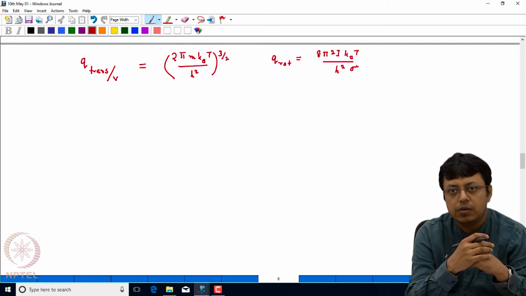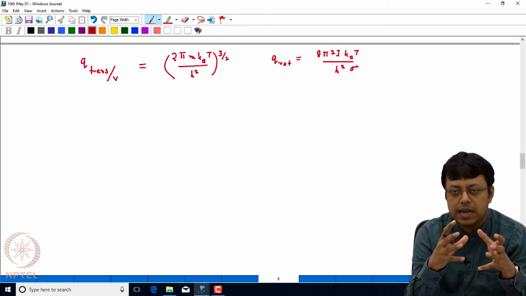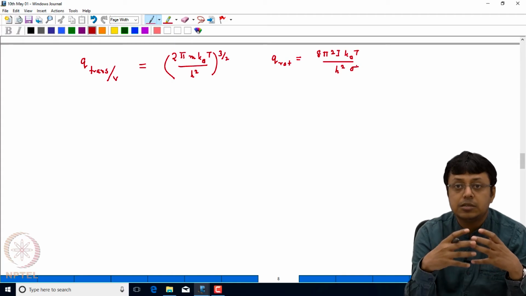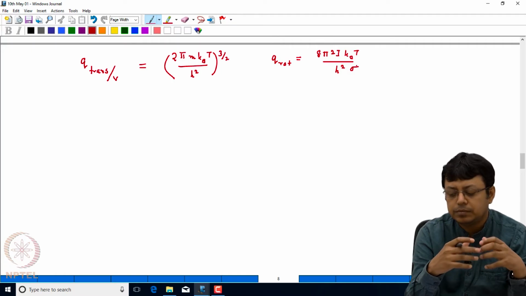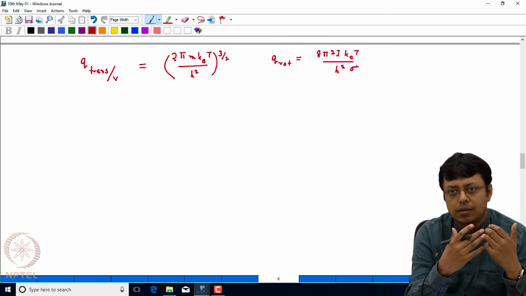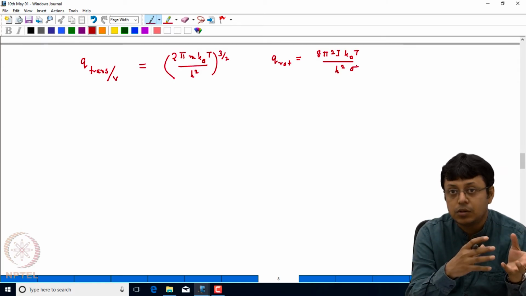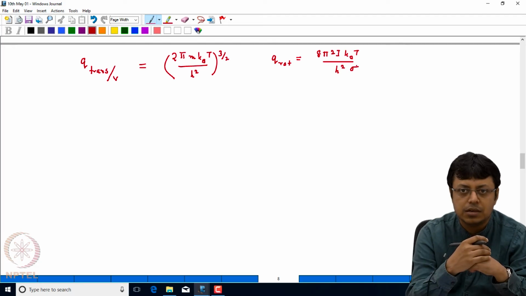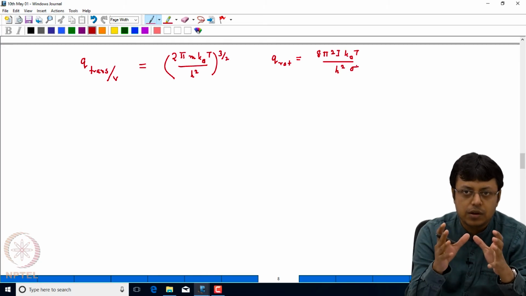We can figure out that the rotational quantum states can be split in two ways, which are basically the odd J states and the even J states, and one corresponds to something known as orthohydrogen and the other corresponds to parahydrogen, and it depends on the nuclear spin permutation. So we are not going into the details.